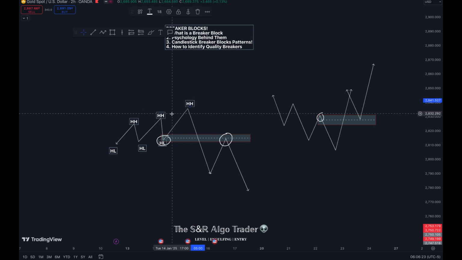So once price breaks through this level, it changes. This becomes a higher low, a lower low. This level becomes a lower low.